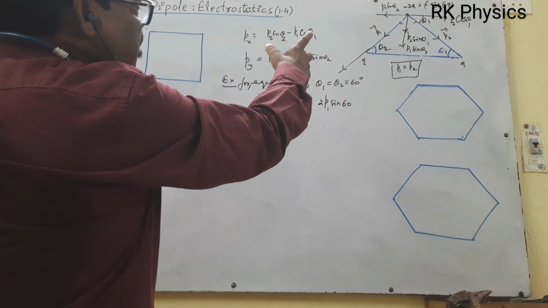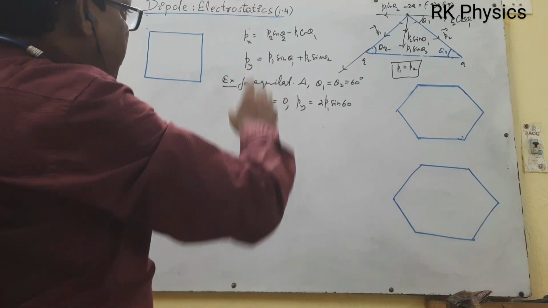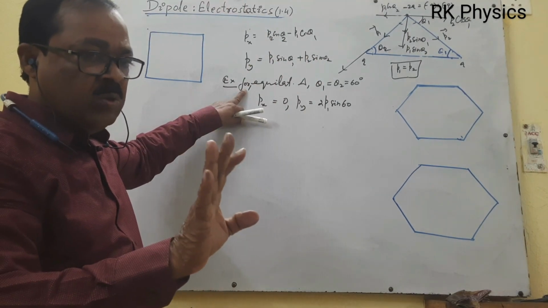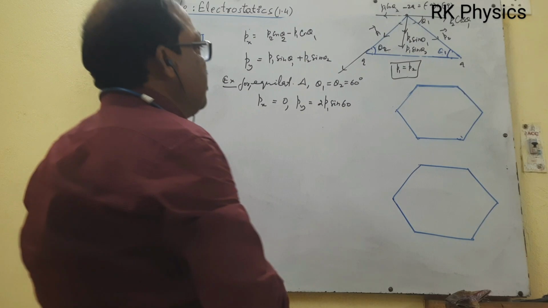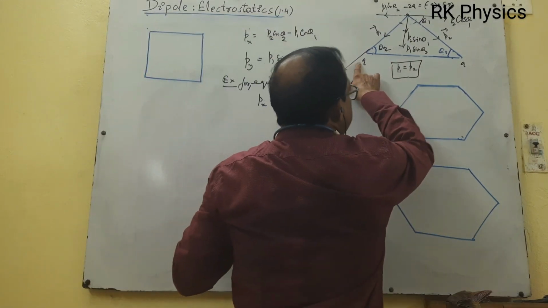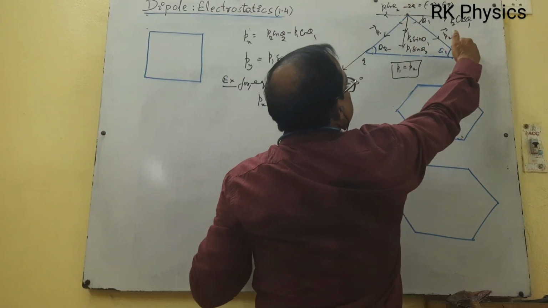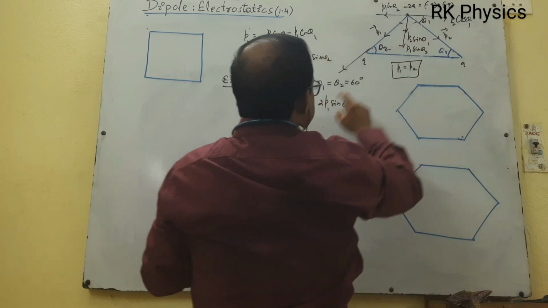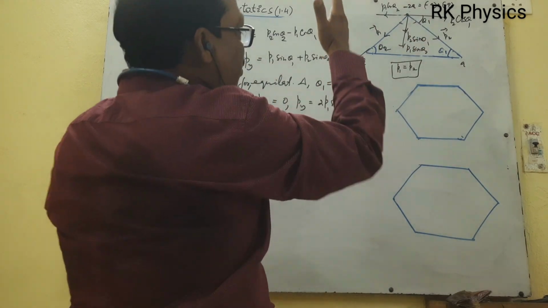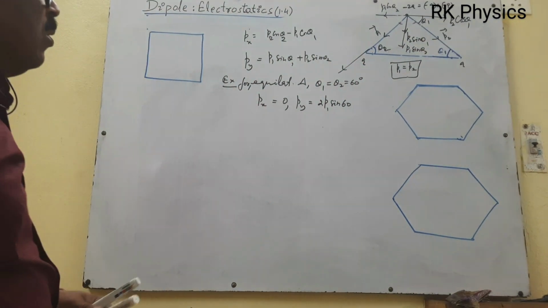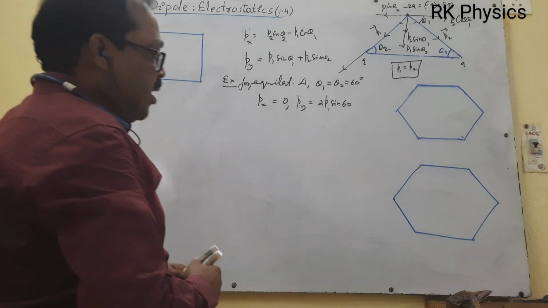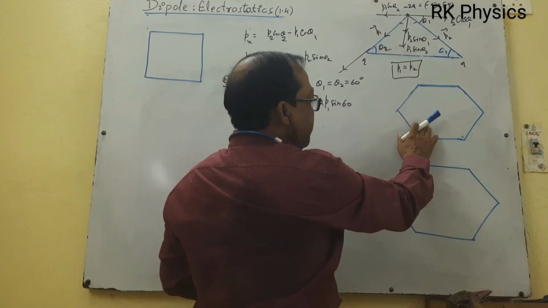So you can solve this problem by this technique. This is an example. Now similarly, if you take minus q here, then plus q, the figure is opposite. 2p sin theta is in the upward direction. Okay. Now let us come to another figure.